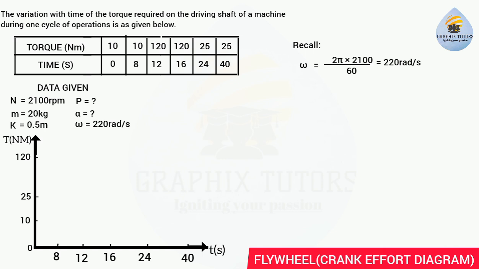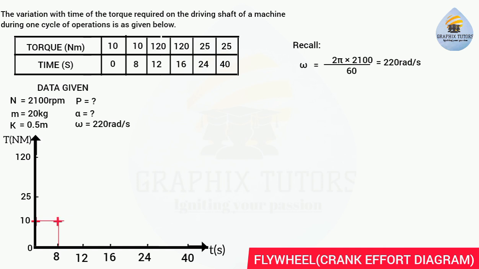When the time is 0, the torque is 10 at this point here. When the time is 8, the torque is 10 also. So where time 8 meets with the 10 is at this point here.